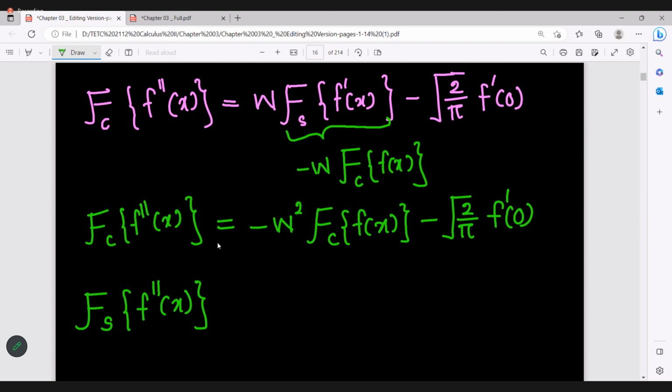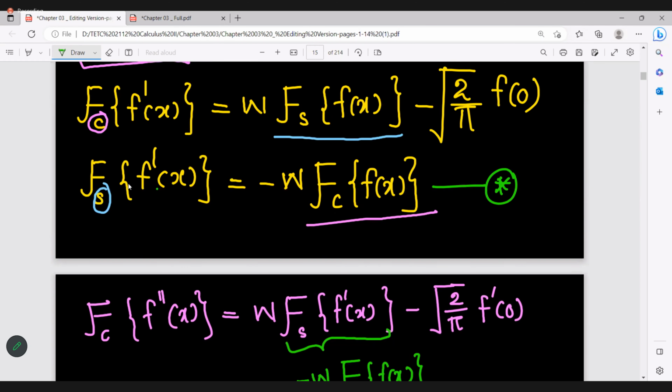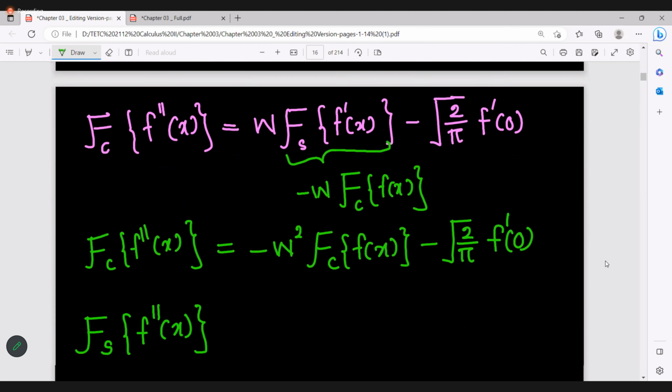First you need to replace the f of this expression by f dash and then substitute this expression into this place. With that you can obtain the answer. So try to obtain it by yourself.